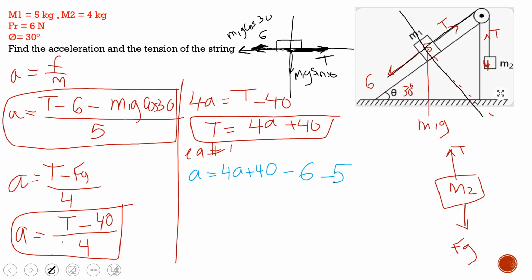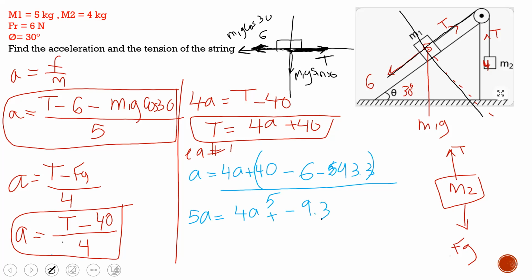Let's see, 50 cosine 30 is 43.3, over 5. So 5a equals 4a plus, let's find this answer here, 40 minus 6 minus 43.3, which is negative 9.3.